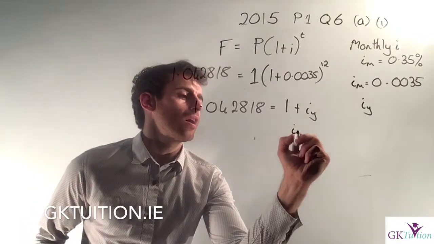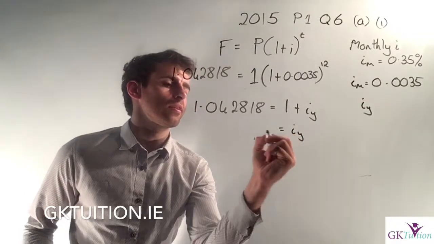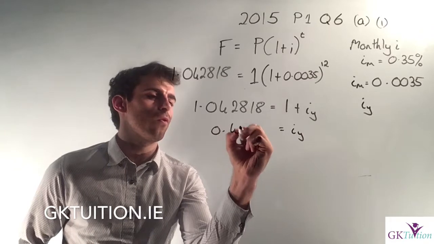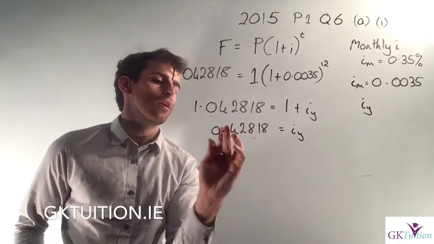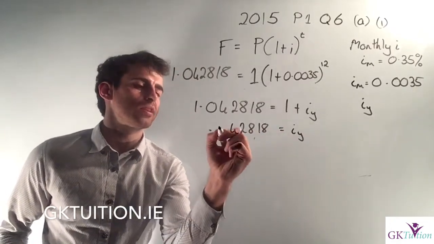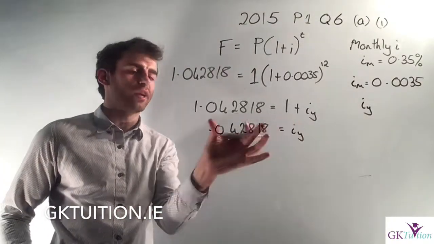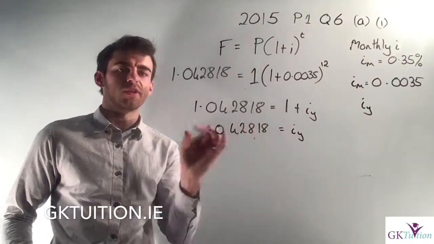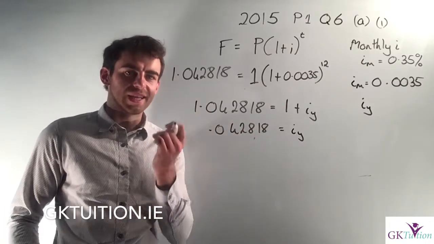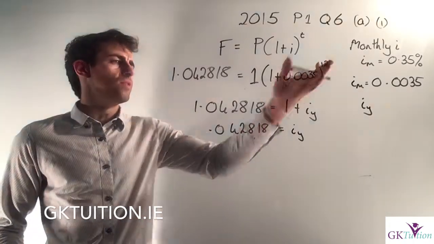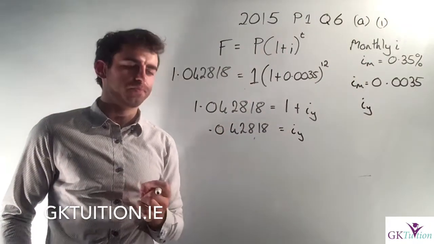So I can say that I_Y, or the yearly interest rate, is equal to 0.042818. So the yearly interest rate is that much. It's the amount of interest I've earned in a year. But they asked me to get this as a percentage, so I have to do the opposite of what I did here.